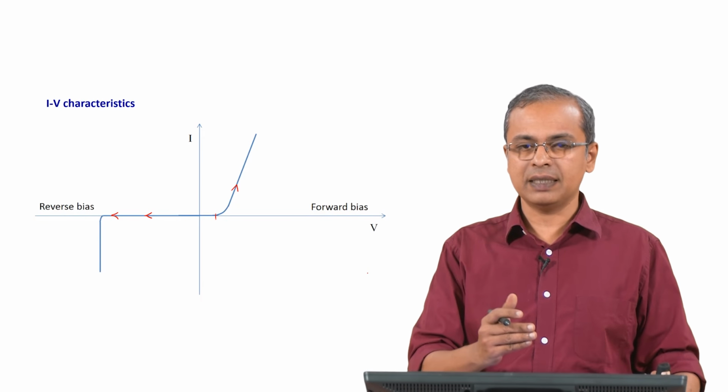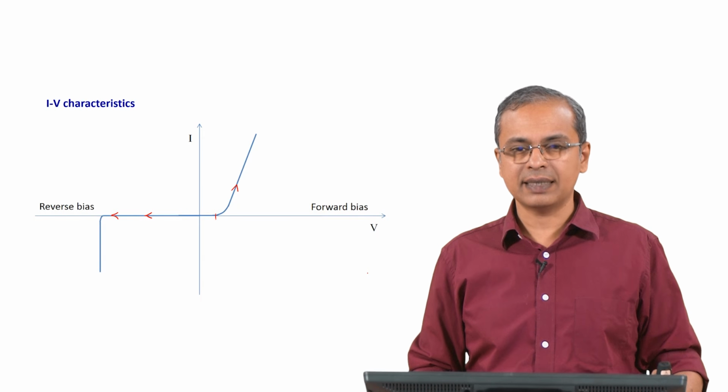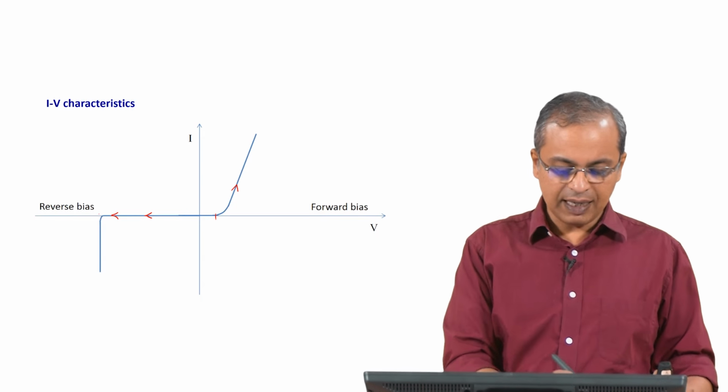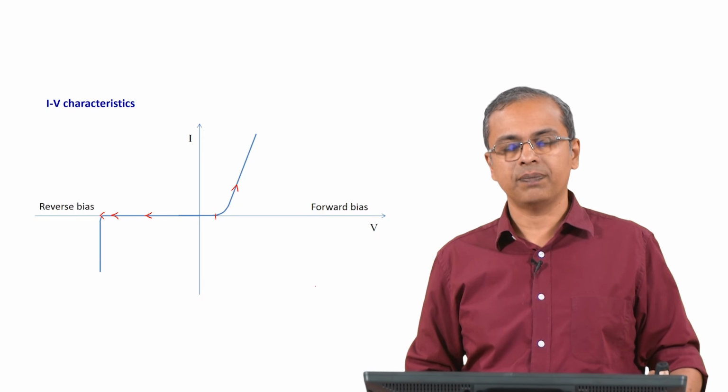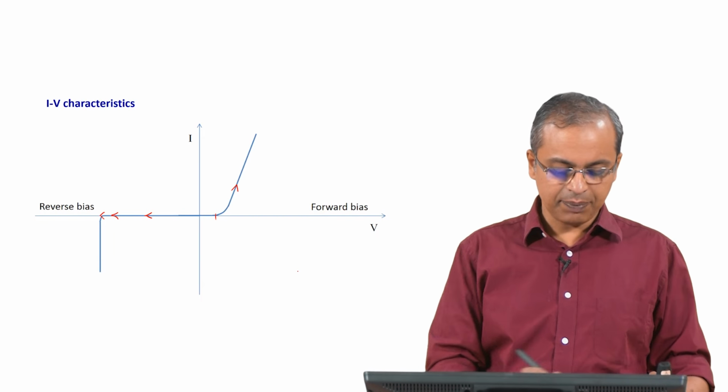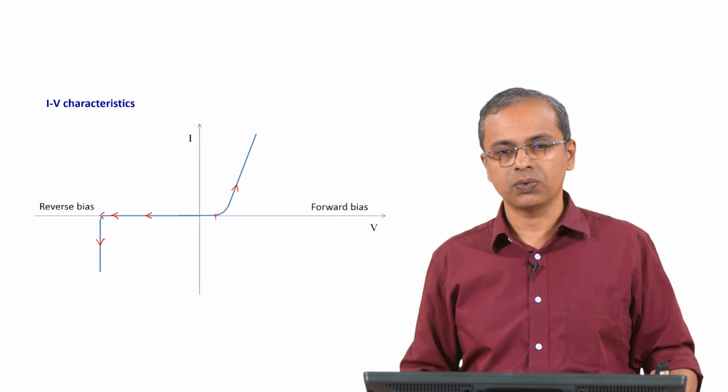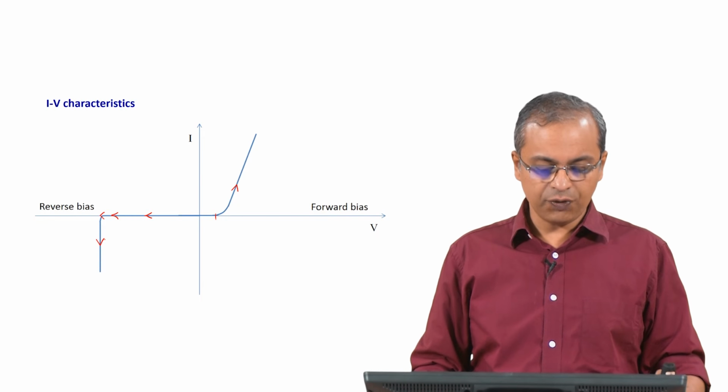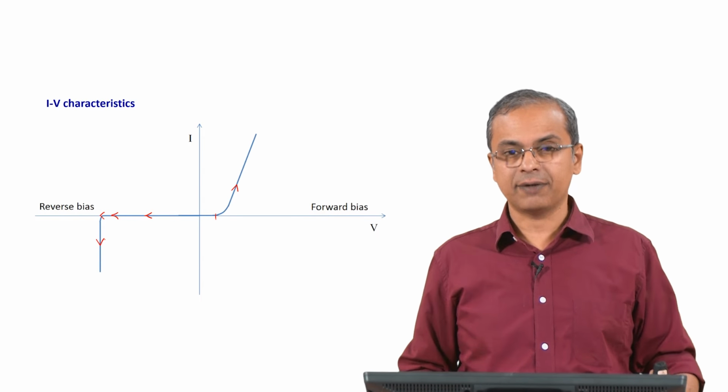It takes whatever little charge you put in, it just holds the charge there and resists further charge coming in, till eventually you max out that junction and the sample, and then it breaks down, and then you have this high current flowing through that sample. Okay. So, this is the forward bias and reverse bias characteristic.